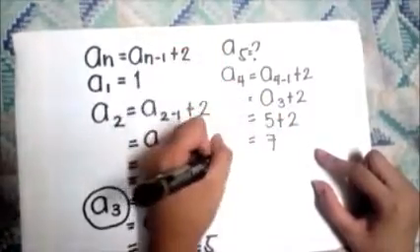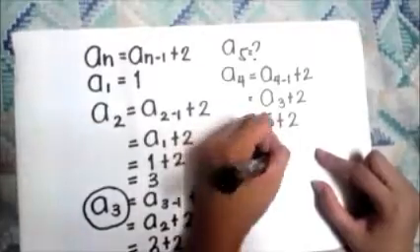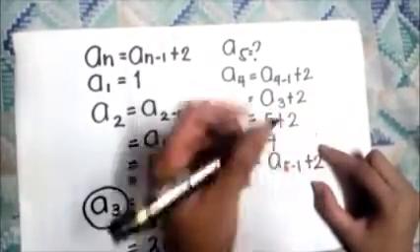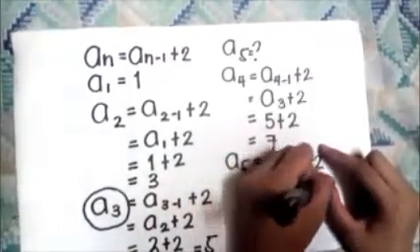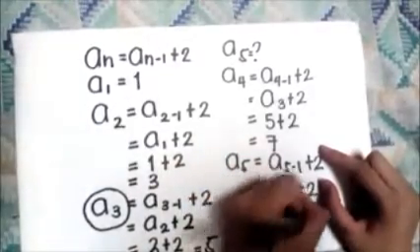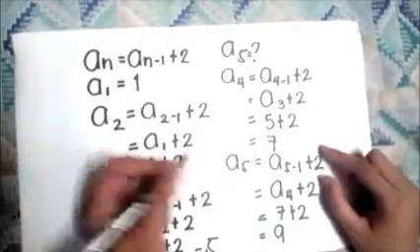Now, let's have a sub 5. A sub 5 is equal to a sub 5 minus 1 plus 2, which is a sub 4 plus 2. 7 plus 2 is equal to 9. So the value of a sub 5 is 9.